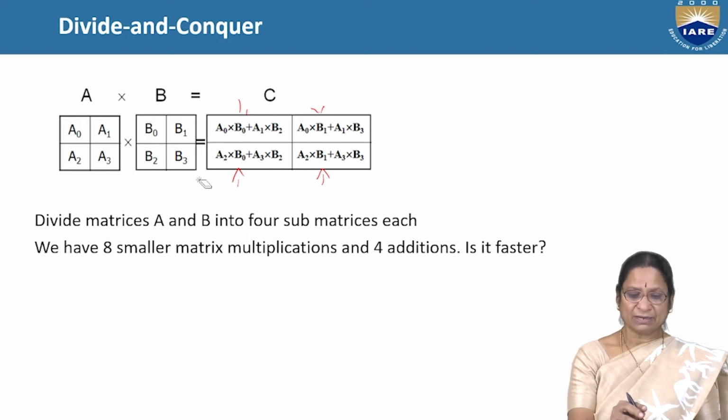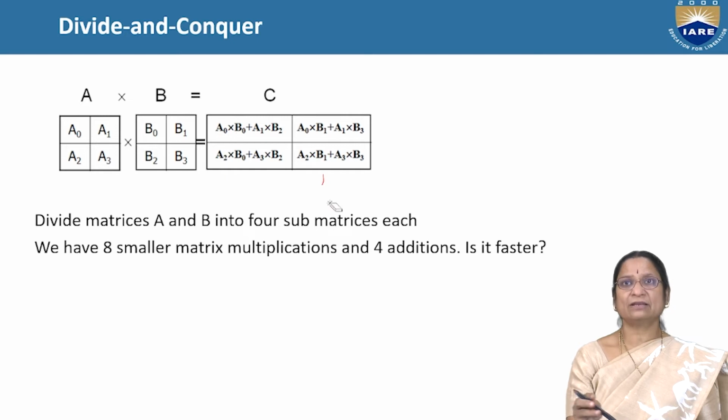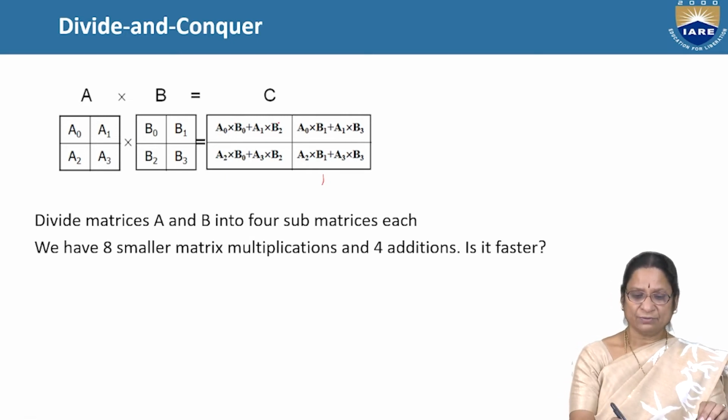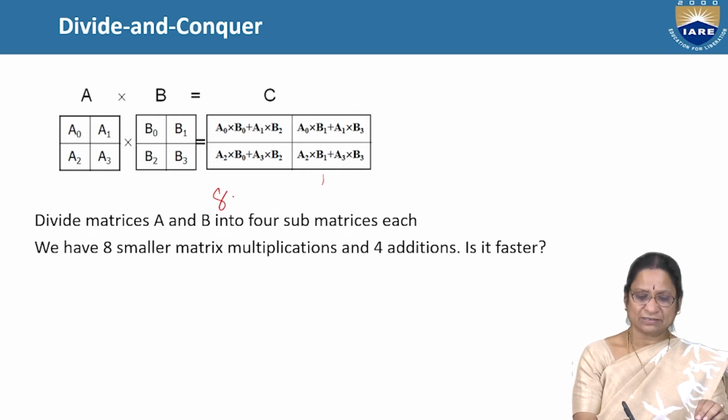So totally, how many multiplications and how many additions are there? Normal multiplications, normal additions. In each of these 2 by 2 products, there are 8 multiplications, and we have 4 additions.